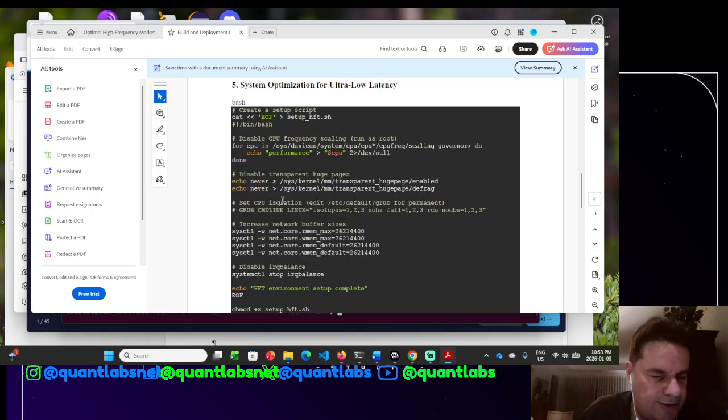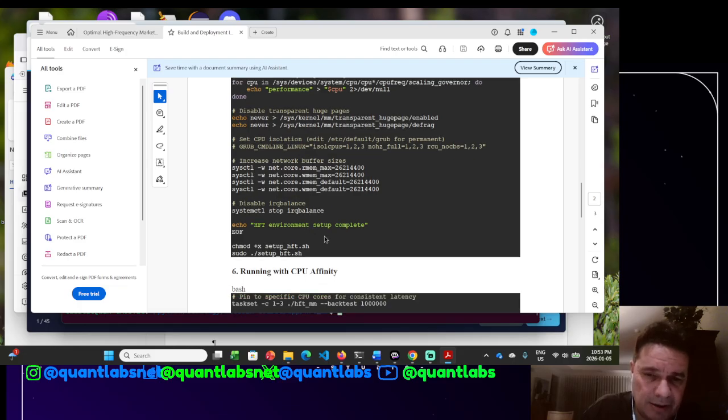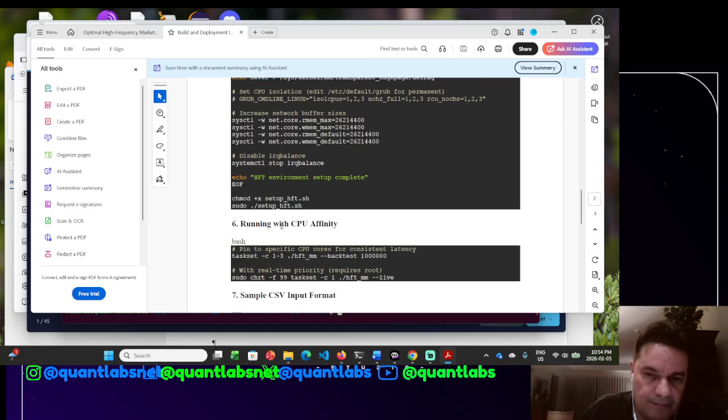So what we're doing here is we're trying to minimize as much jitteriness out of the OS. The more jitteriness we can remove or control or minimize, the better performing you'll get out of the C++ executable. Here we have tuning of network buffer sizes. We have here disable the IRQ balance and then run as well.